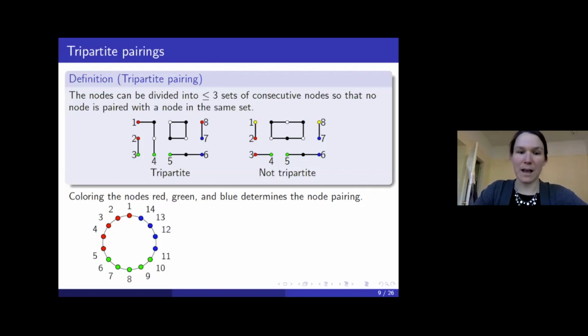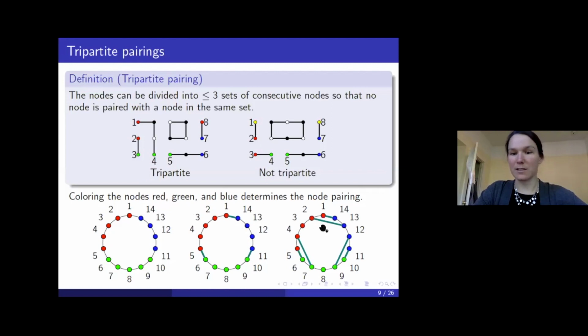So if I wanted to have a planar pairing with this node coloring, then 5 and 6 have to be paired, 10 and 11 have to be paired, and 1 and 14 have to be paired. And then similarly, 2 and 13 have to be paired, 4 and 7 have to be paired, and so on. And so then 3 and 8 have to be paired. So whenever you have a red, green, and blue coloring of the nodes, you have a unique tripartite pairing.